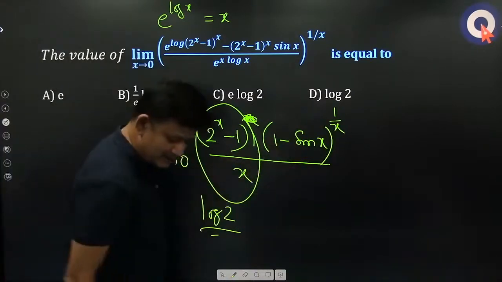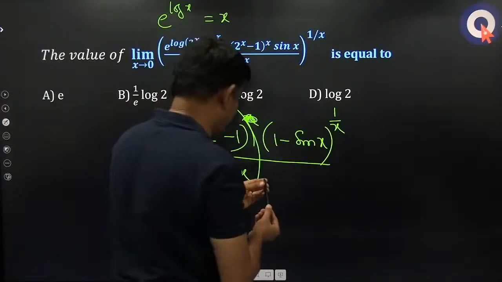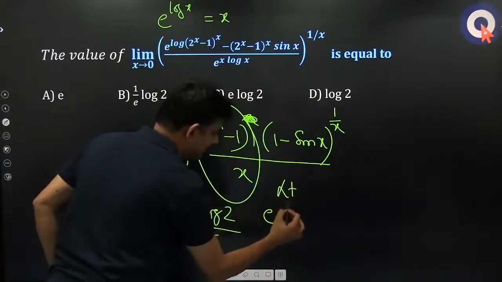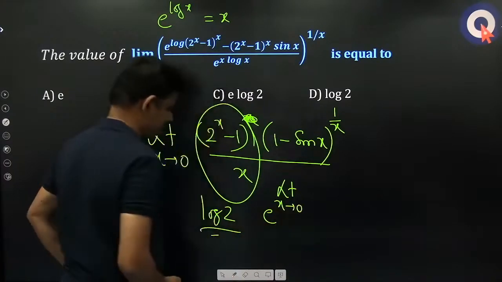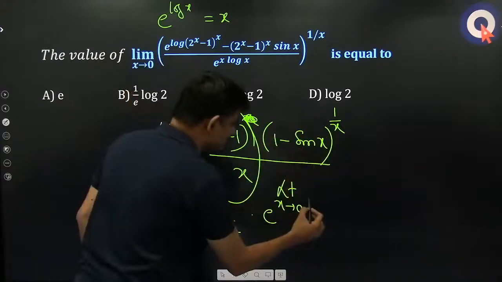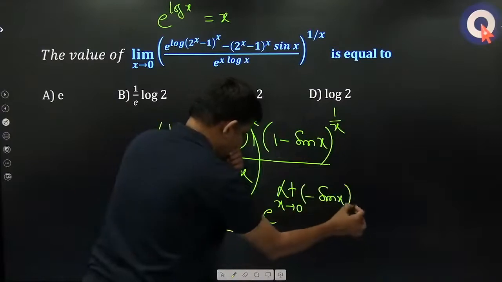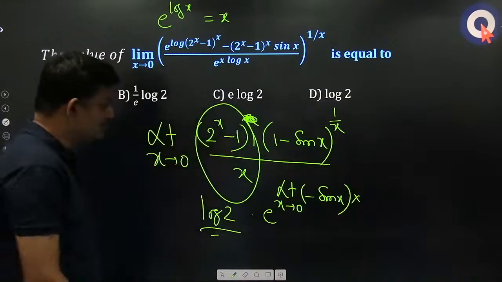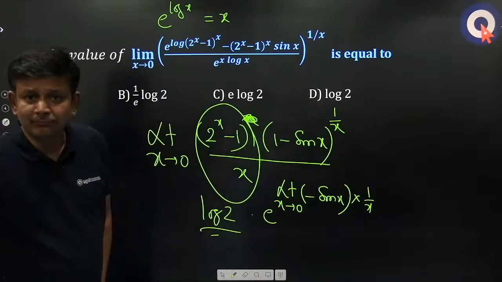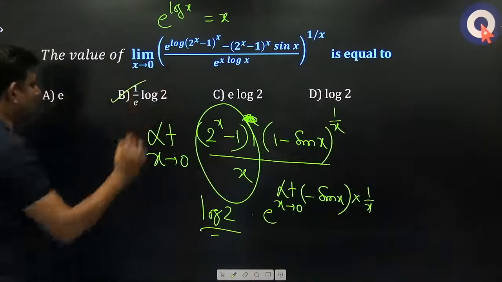Because this is a 1 power infinity form, what you can do is write this as e power limit x extending to 0, base f of x minus 1, which is minus sin x, into g of x, 1 by x. This is a simple limit, e power minus 1. So this is 1 by e log 2.